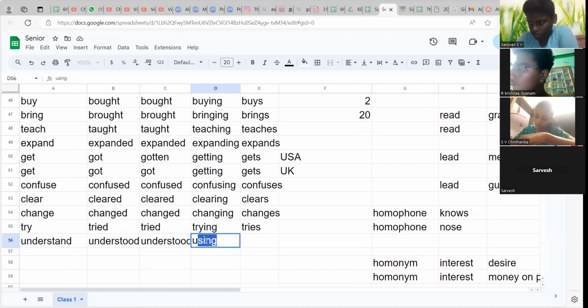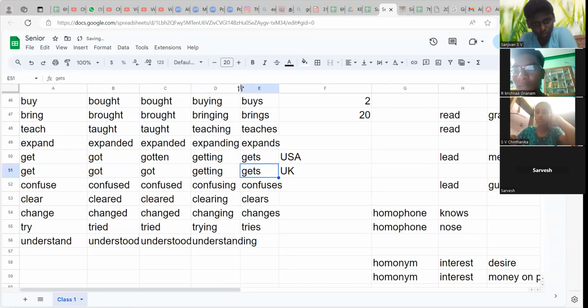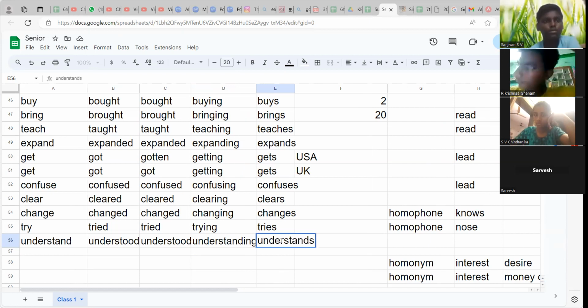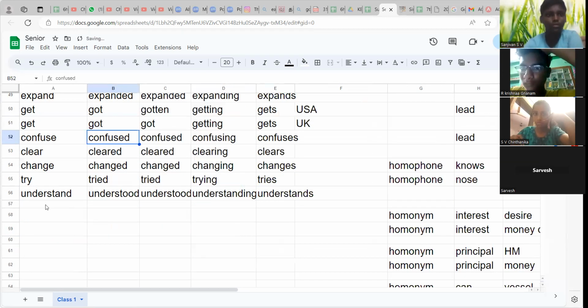All four you have to do. Understood, understanding. See, I take all the pain to write it because writing is important. It is going to be there throughout your life. Understands.